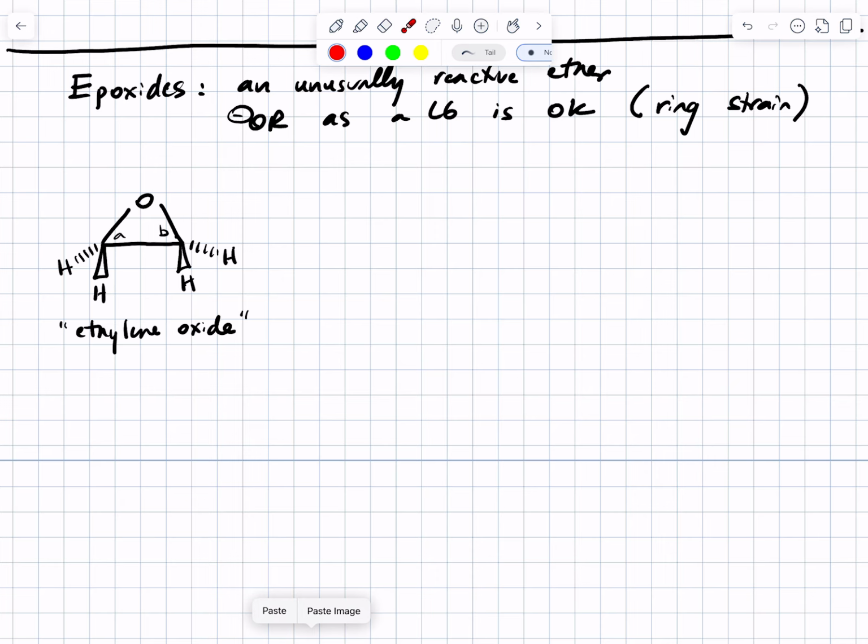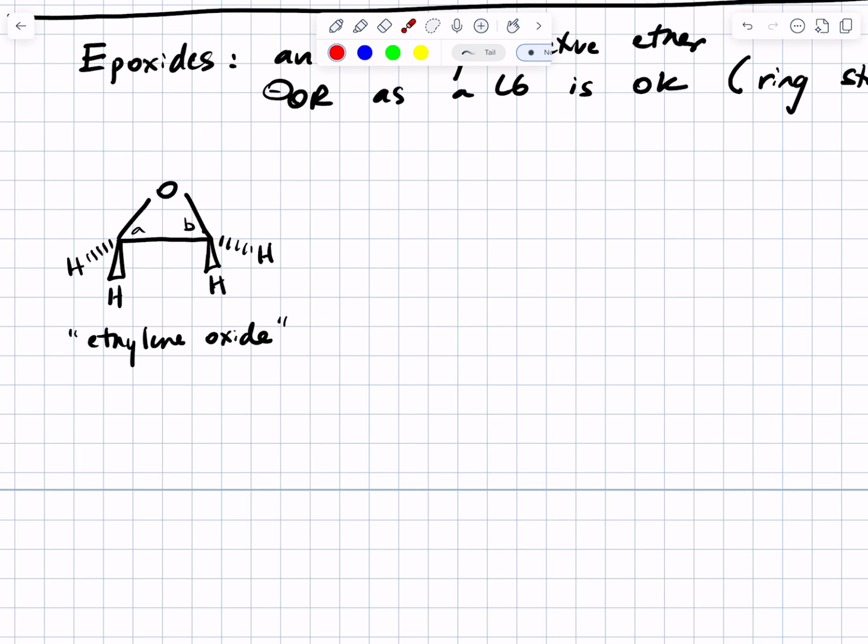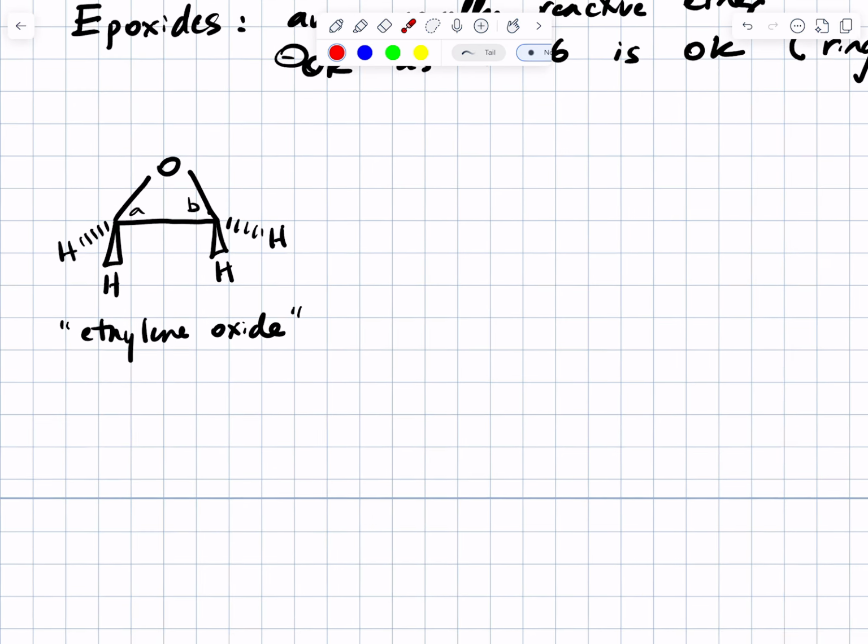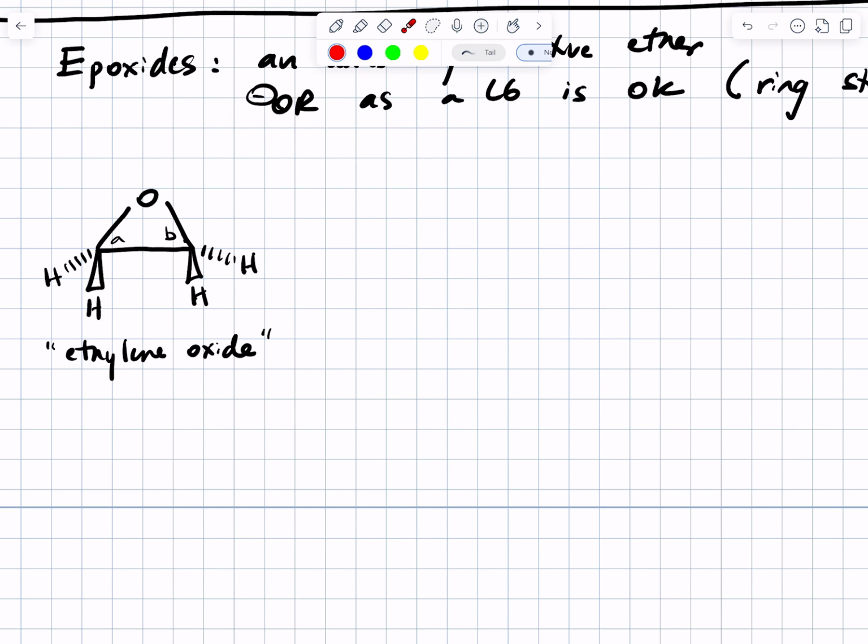There are actually 2 questions on your problem set 8 that involve making epoxides, one of which involves making an epoxide via an SN2 reaction. It's not too hard, I encourage you to look at it, but before we even worry about that, we're just going to deal with the reactivity of epoxides. So what you need to know, there's 2 different ways you could draw an epoxide. One is like this, and the other is to draw the ring oxygen as a wedge on either side.